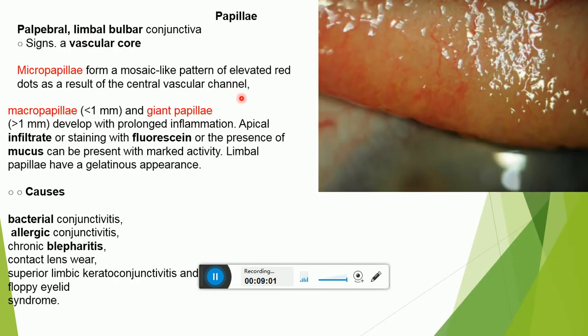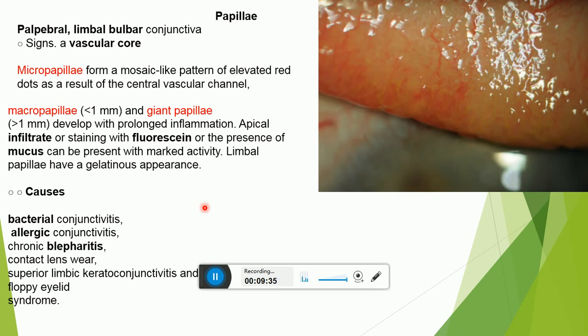Now the papillae. They are important. They develop only in the palpebral conjunctiva, and in the limbal bulbar conjunctiva, where it is attached to the deeper fibrous layer. So they develop only in the palpebral and limbal bulbar conjunctiva.